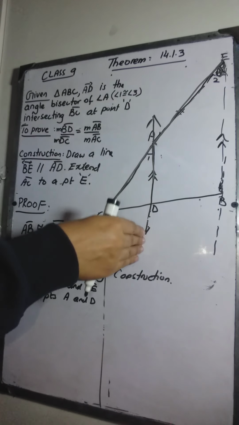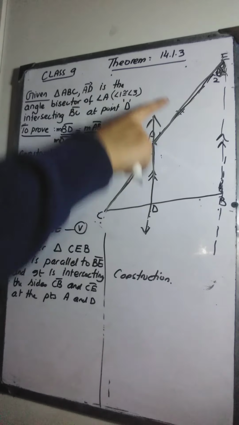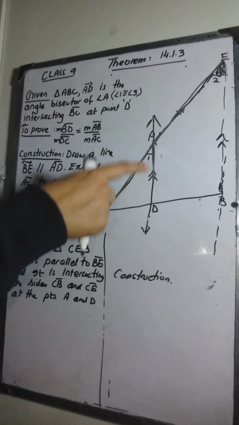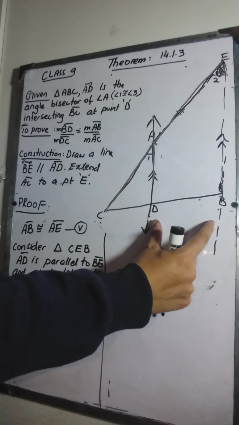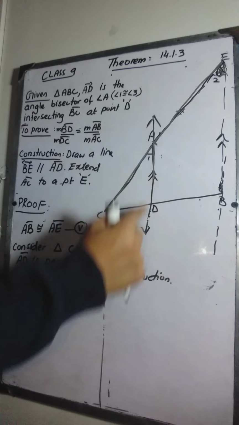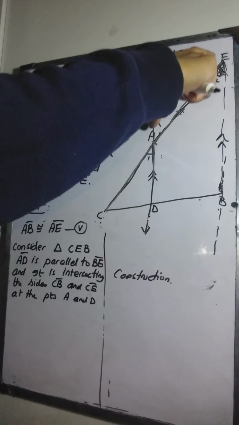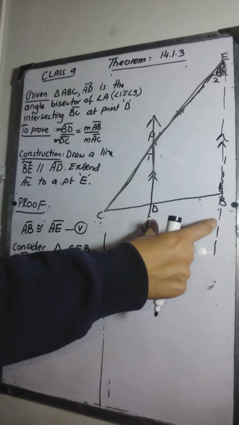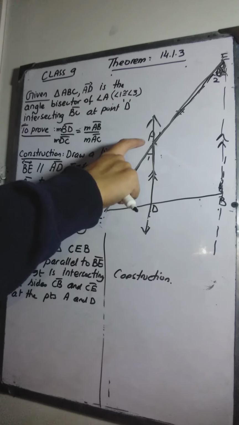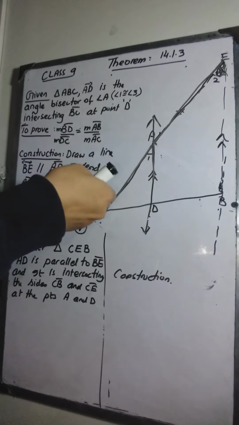that if you have a line which is parallel to one of the sides of the triangle and it is intersecting the other two sides, then this line will always cut these two sides in such a way that the ratio of these two segments CD and DB, the segments formed by this line on the side CB, and AC and AE, the segments formed by this line on the side CE of this triangle, are proportional, because this line is parallel to this side and this line is intersecting these two sides.